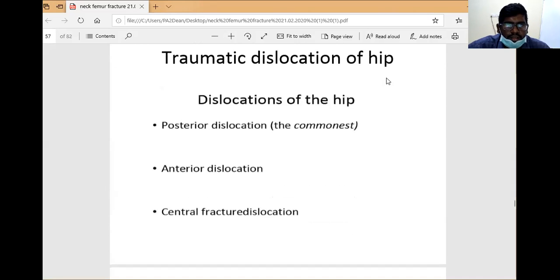Anterior dislocations are 10 to 20%, where the head is displaced anteriorly. Another one is central dislocation. Central dislocation is always associated with fracture of the acetabulum. So the acetabulum is fractured and the head goes through the fracture.